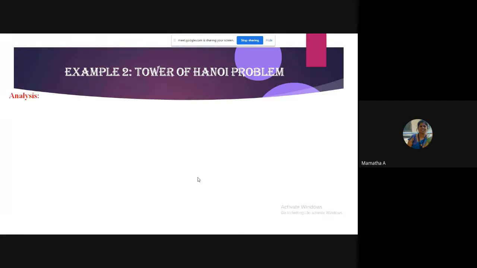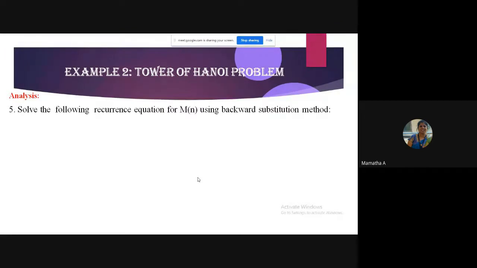Okay. Moving on to the analysis portion, that is the last step of this problem. I have to now solve the recurrence relation using the backward substitution method. Considering this, tell me, what should I do next?